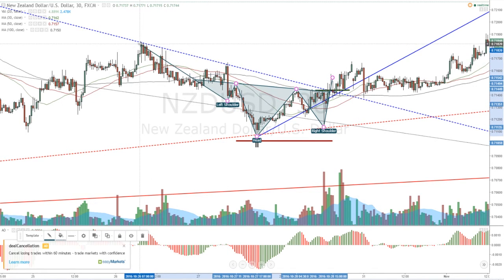Let's see, something like this. So here, coincidentally, the neckline is exactly at the trend line. It doesn't have to be, but you can find Gartleys, you can find bats, butterflies, double tops or double bottoms on these areas.